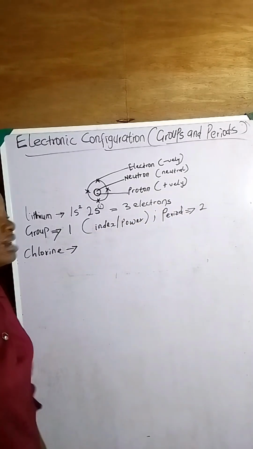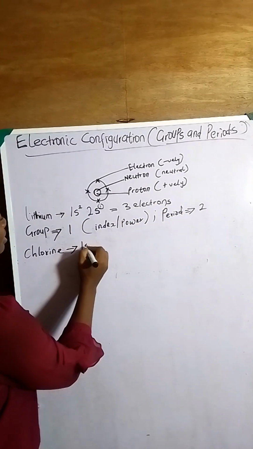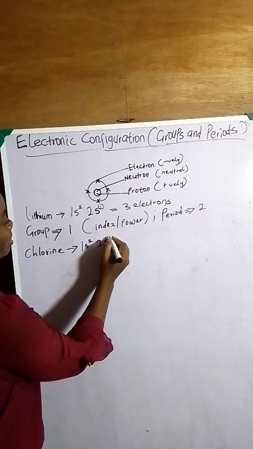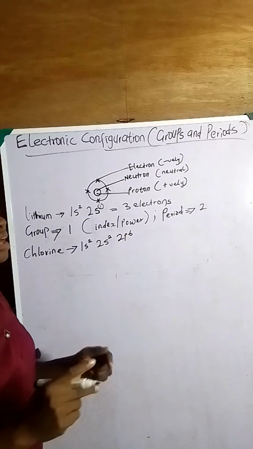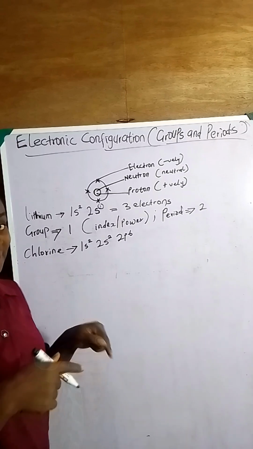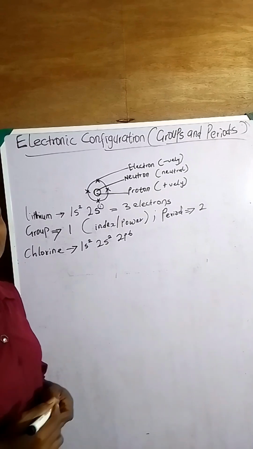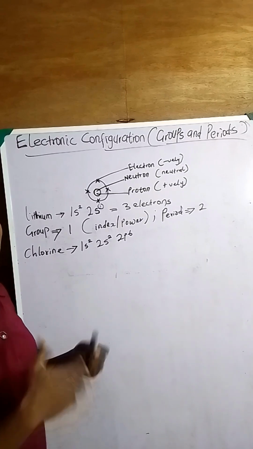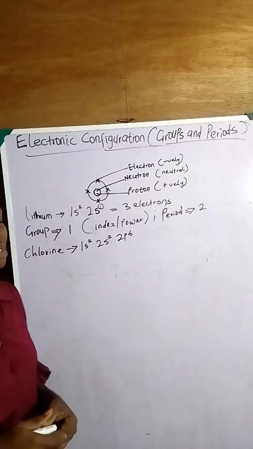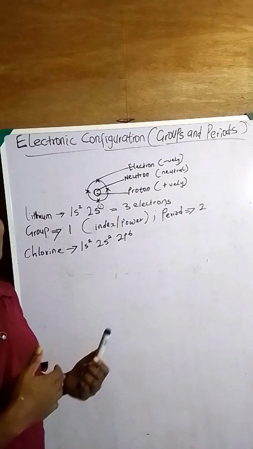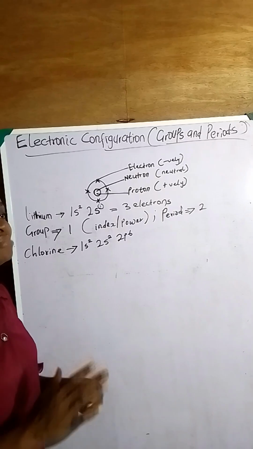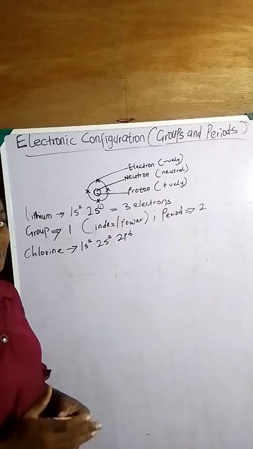So writing it with the Aufbau principle, we can say 1s2, 2s2, 2p6. Please, the Aufbau principle is displayed right there on the screen. You go ahead and find it in your textbook, or you can download it to study it, okay? You don't cram it. Study them and know how they are placed, and you can use them to write as many elements as are known in the chemistry world.